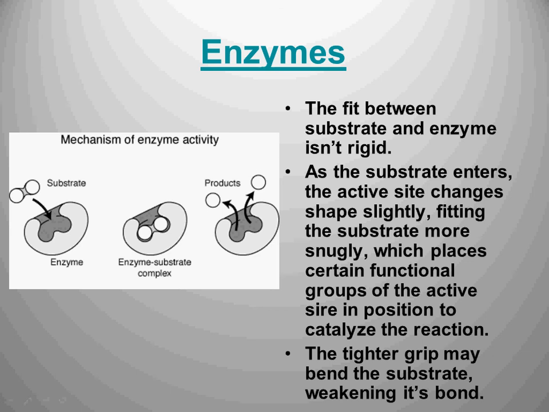Or sometimes it can take two separate substrates and join them into one. And the example that I showed you on the animation earlier was two different substrates that were being connected and attached to each other to make a product that was basically twice the size of the original substrates.